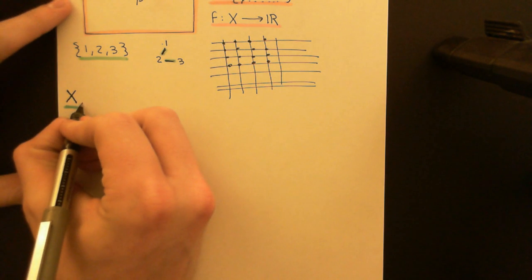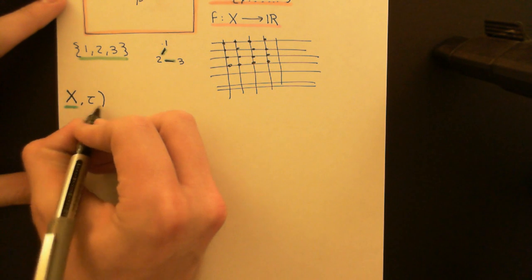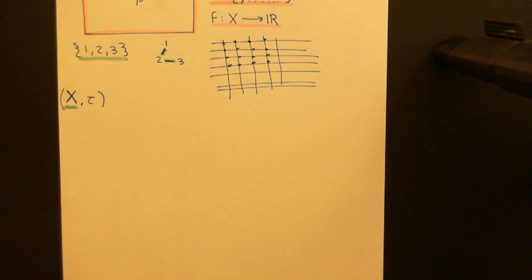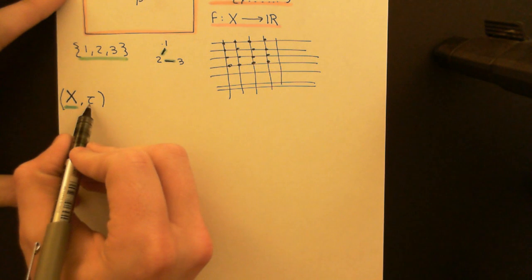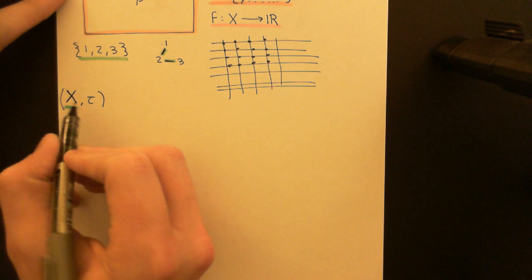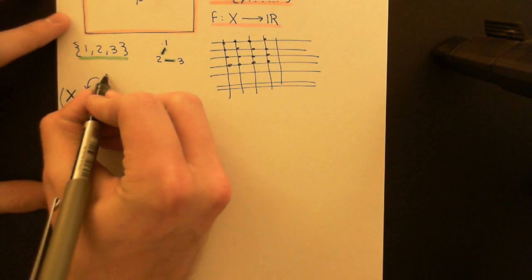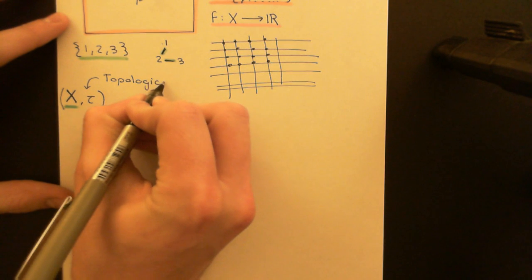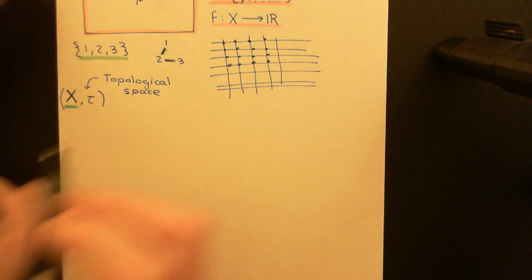Okay, and I will call the topology tau. People use loads of different notations for a topology. Tau's a reasonably common one, so we'll go for that. Okay, and then the set along with this structure defined on it is then going to be called a topological space. So this thing is going to become a topological space once I've defined this tau structure, the topology on it.